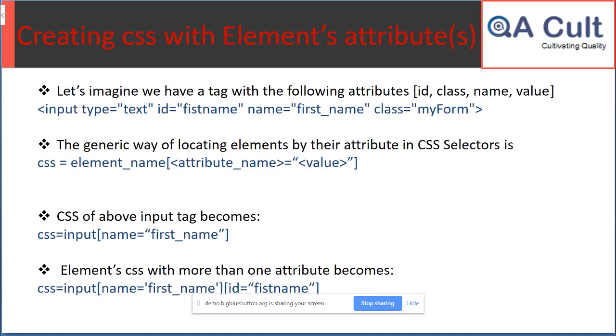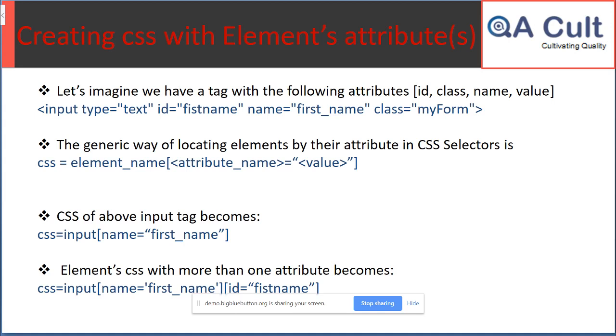And then we will cover all this with the help of practical examples, but just see how the CSS can be prepared. Let's imagine we have an input tag with type text, and its ID is first name, name is first underscore name, and class is my form.